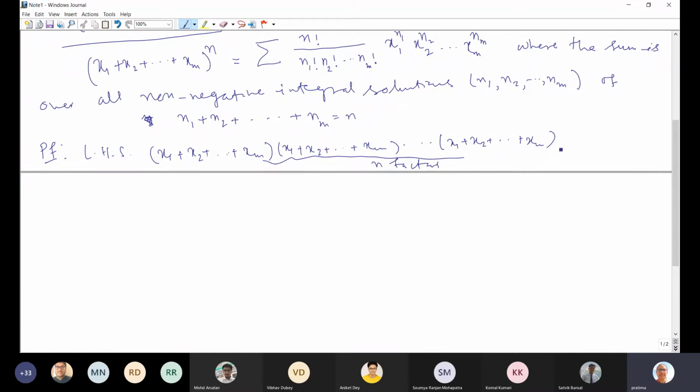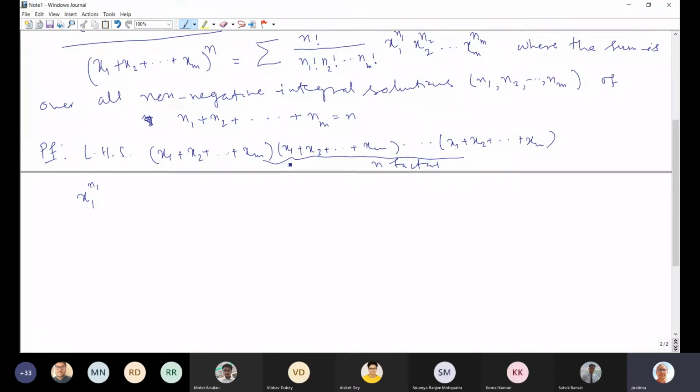So when you consider this product, when do you get the power of x1 equal to, say, n1? Out of the n factors, you are choosing x1 from n1 number of factors.